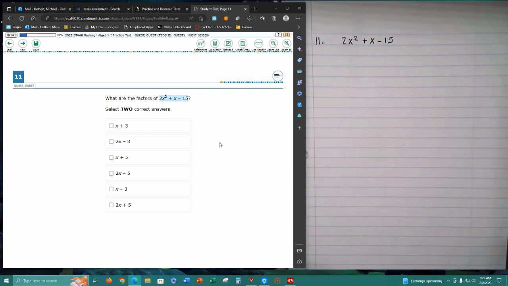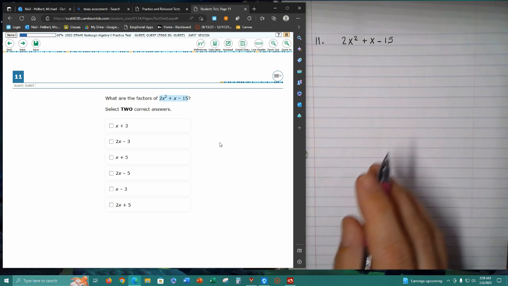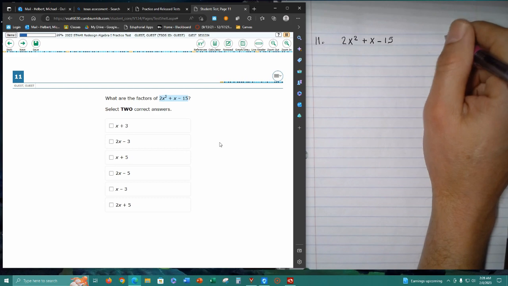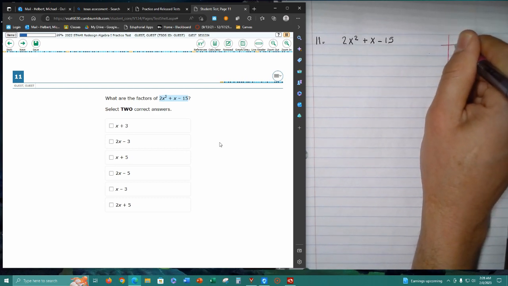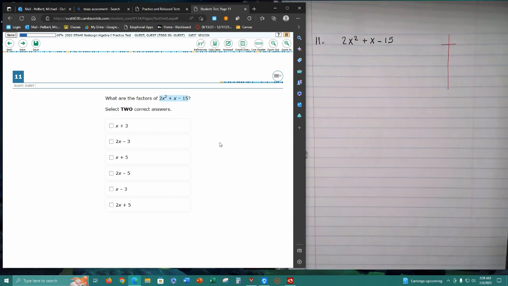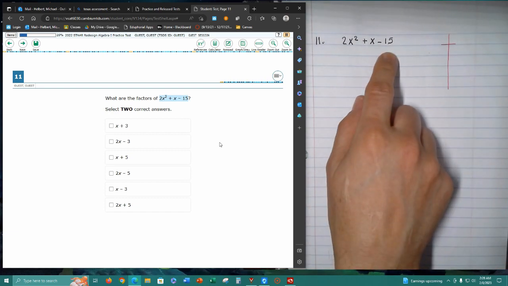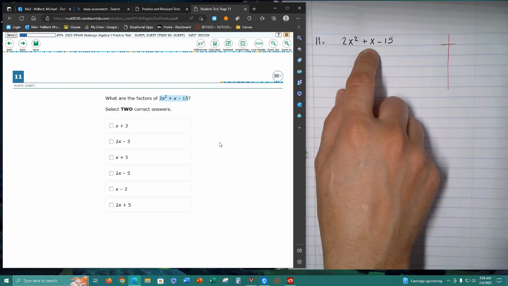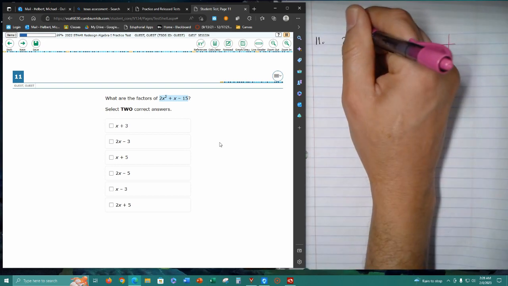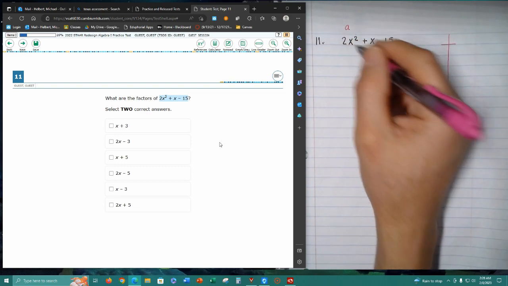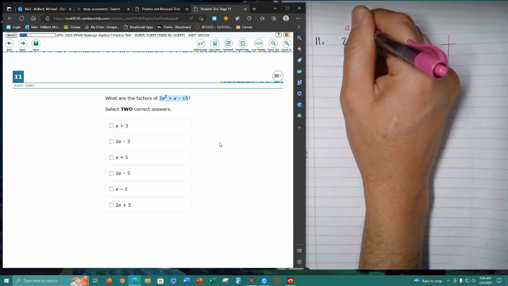Now, when we want to factor, I want you to remember that you always want to start out by making a number tree, because we're going to use that number tree to figure out our factors: two numbers that will multiply to give us c, and that will add together, or combine I should say, to give us b. Just to refresh your memory, this number represents a, the coefficient of x squared.